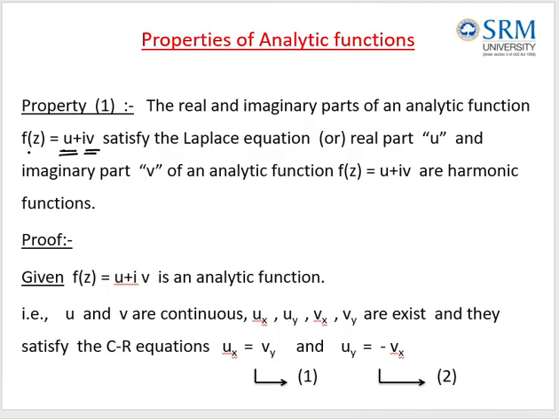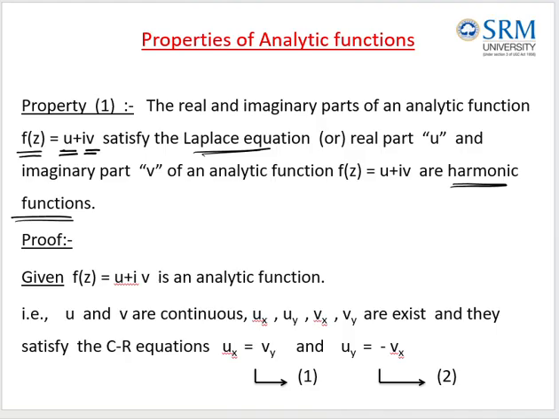So given this f of z is analytic, we need to prove that u and v satisfy the Laplace equation. Otherwise the same property can be specified as: real part u and imaginary part v of an analytic function are harmonic functions. This property can be stated like this also.